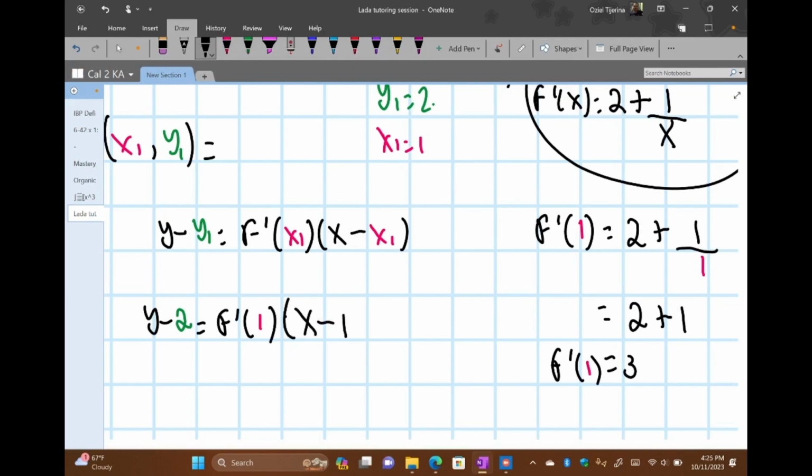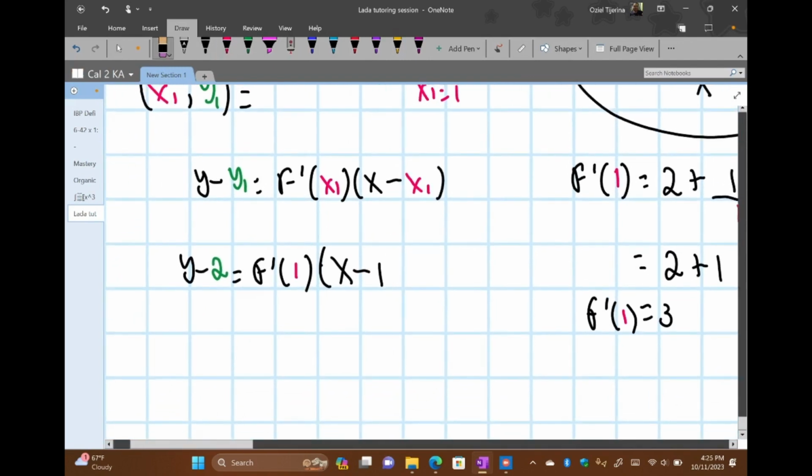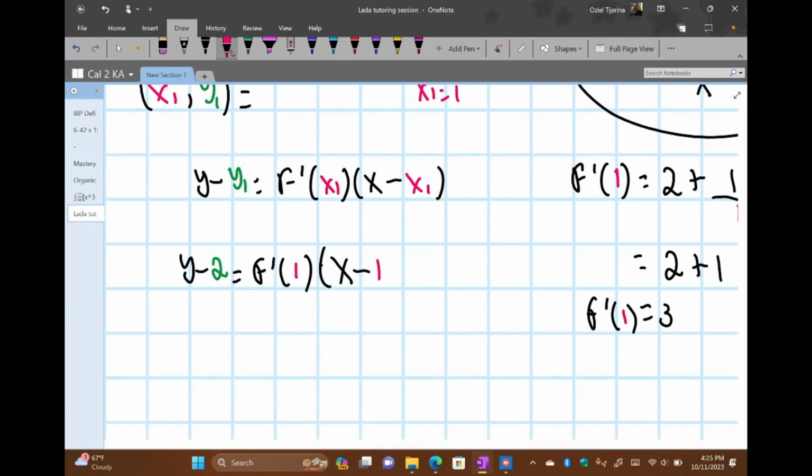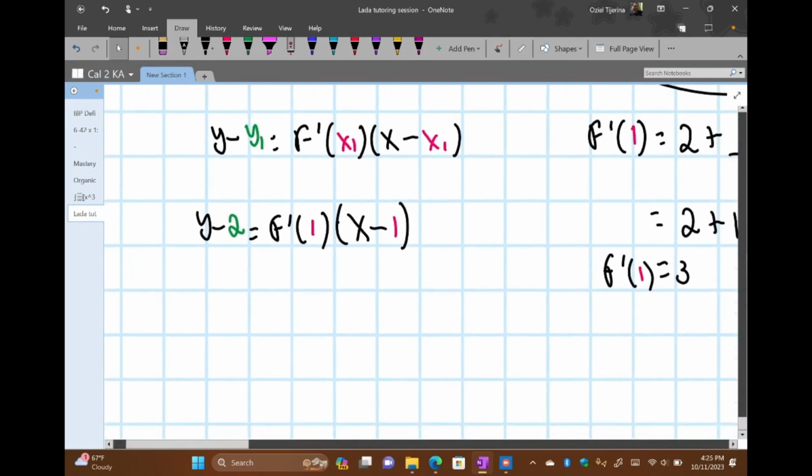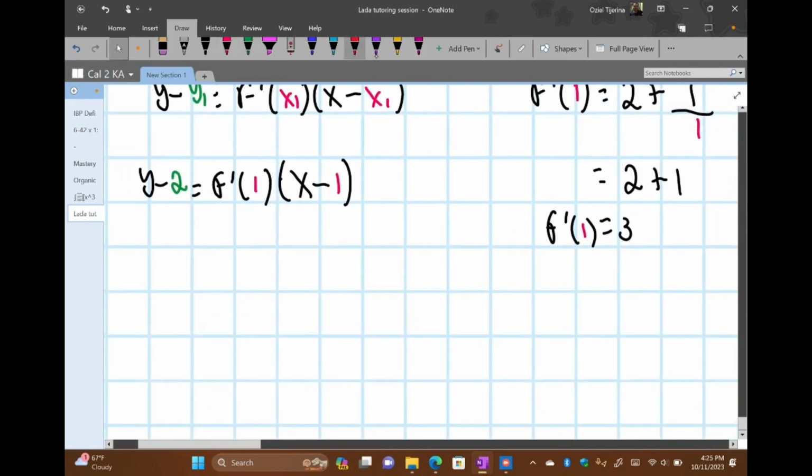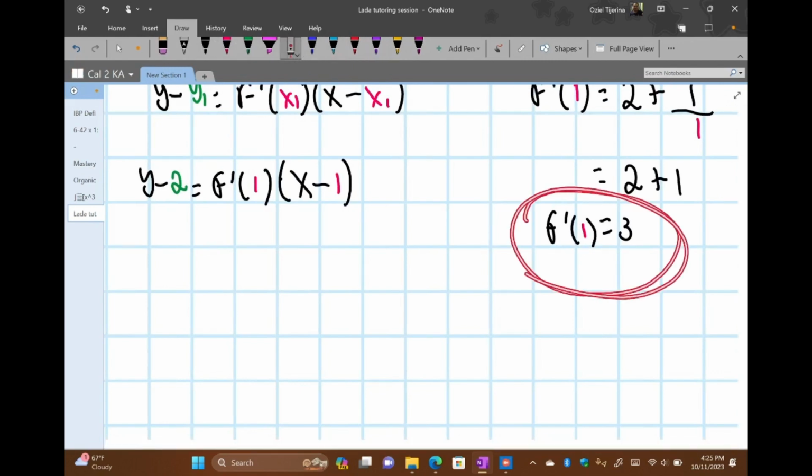Remember x1 is 1, so like this, right? Now f prime of 1, like I said, is 3, so we put this in.